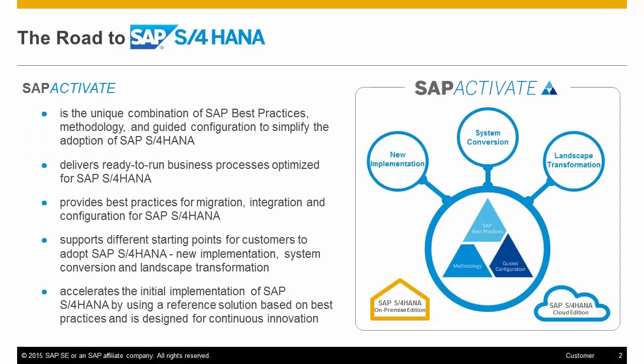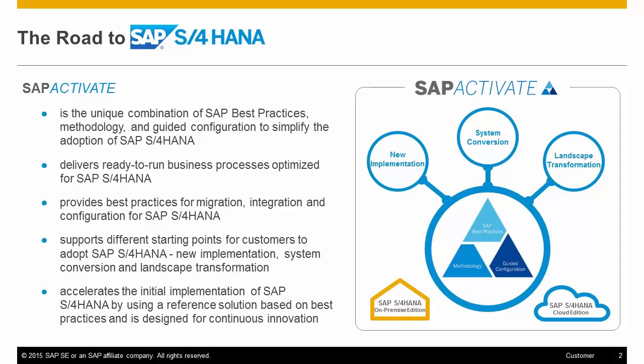SAP Activate is the unique combination of SAP best practices, methodology, and guided configuration that helps customers and partners deploy SAP S/4HANA. SAP best practices for SAP S/4HANA are ready-to-run OLTP and OLAP processes optimized for SAP S/4HANA.